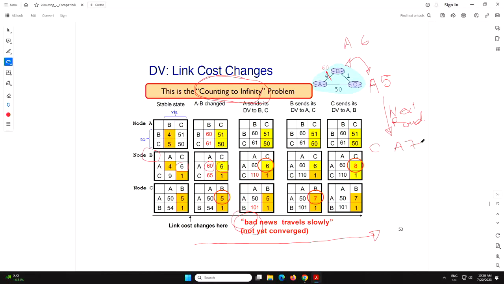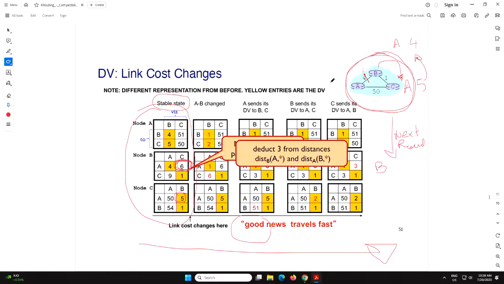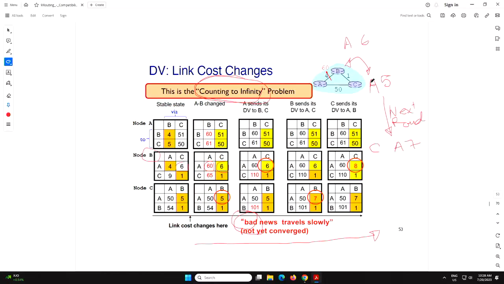It doesn't remember that C to A equals 5? Yeah, it's because of this cost. This cost has increased to 60. So remember before it was A4. If instead of 4 it becomes 60, then when C advertises A5, B will accept it as A6, because the direct cost is 60 and A6 is attractive.